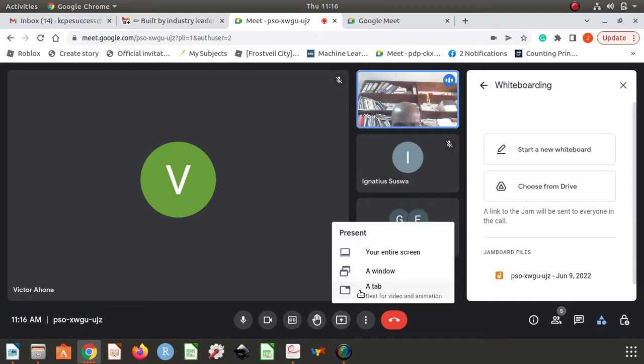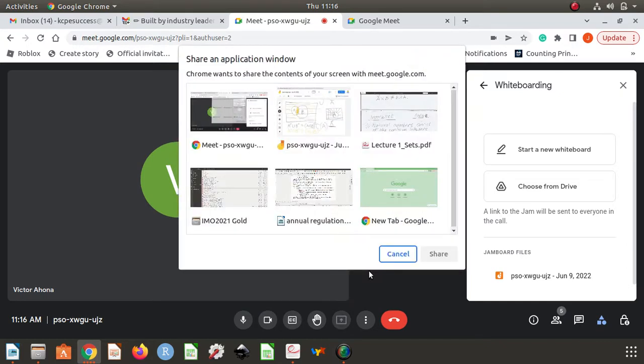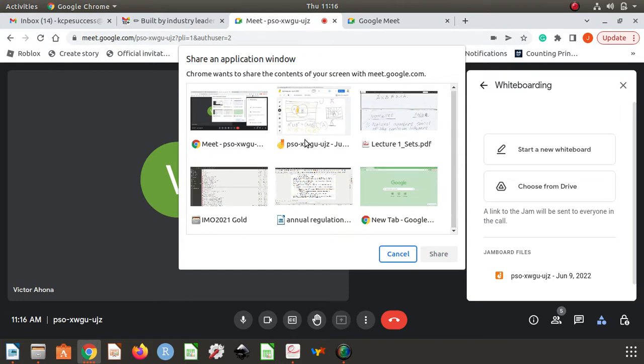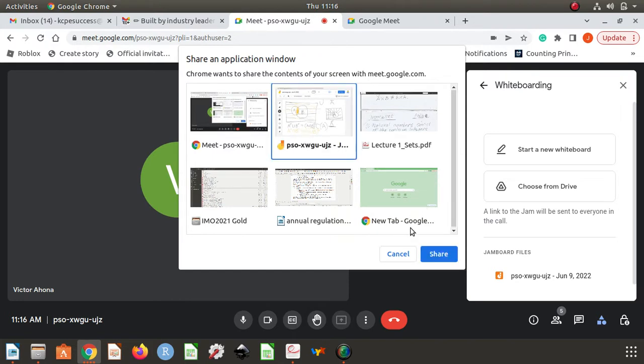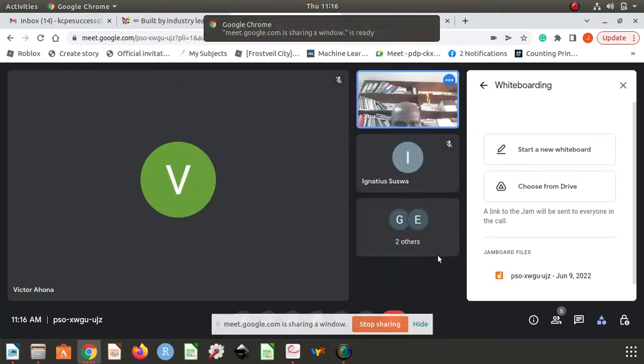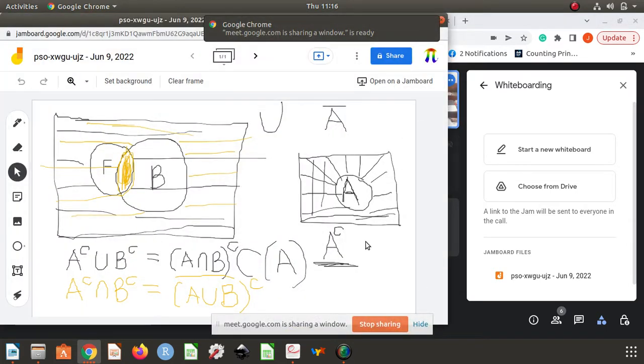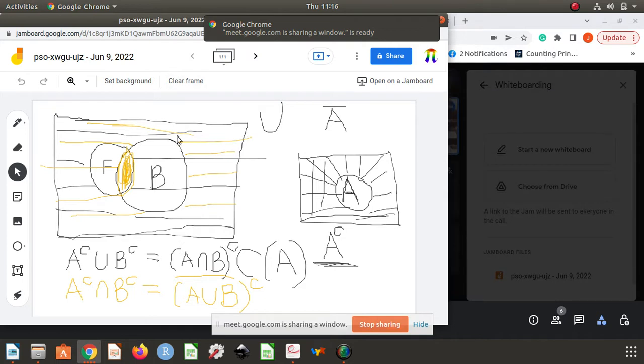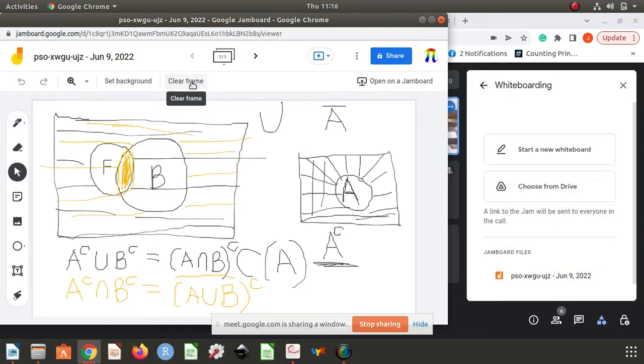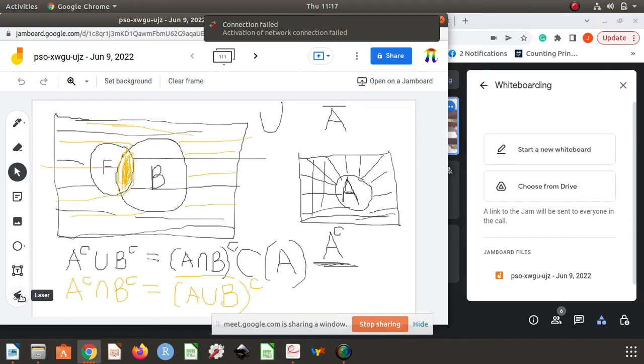My computer is a bit slow. So here is my board. I'm going to clear the board.